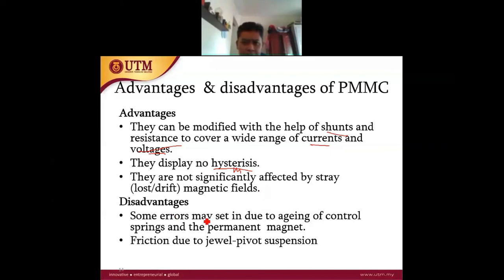And these are the disadvantages, due to wear and tear.